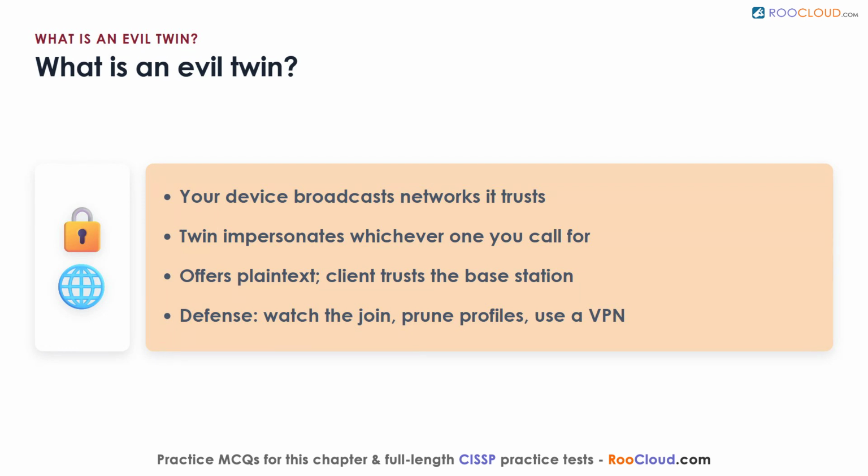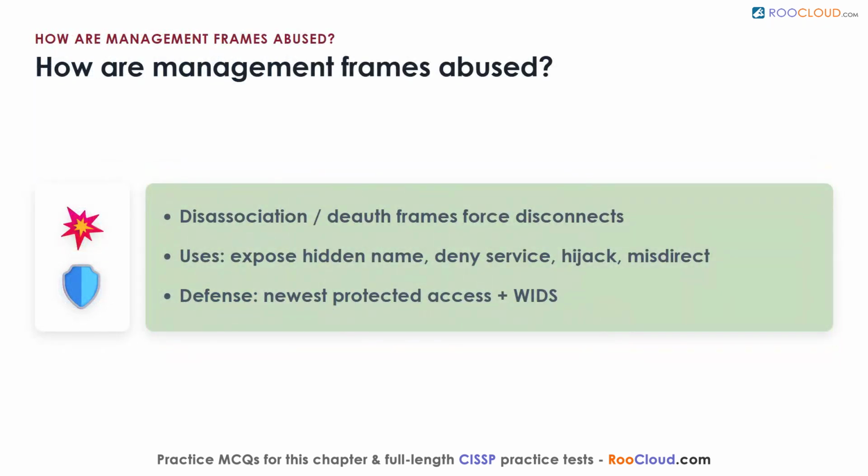Your device accepts because the client trusts the base station to set the terms of security. Once connected, the attacker sits in the middle, poised to hijack sessions and steal credentials. Your defenses are to watch which network you actually join, prune old saved profiles, and lean on a VPN whenever you go wireless. Think of an imposter who answers to whatever name you call out, then walks you the wrong way.